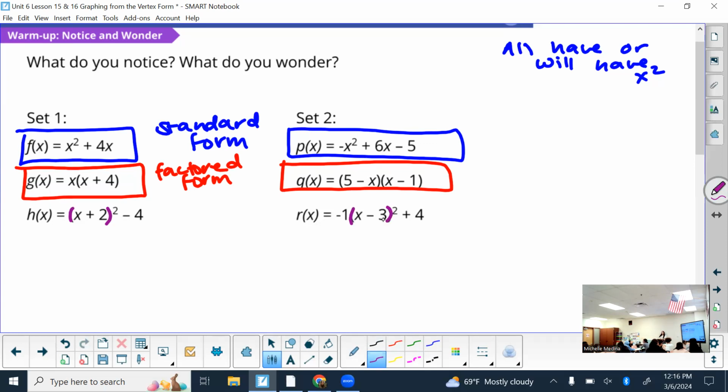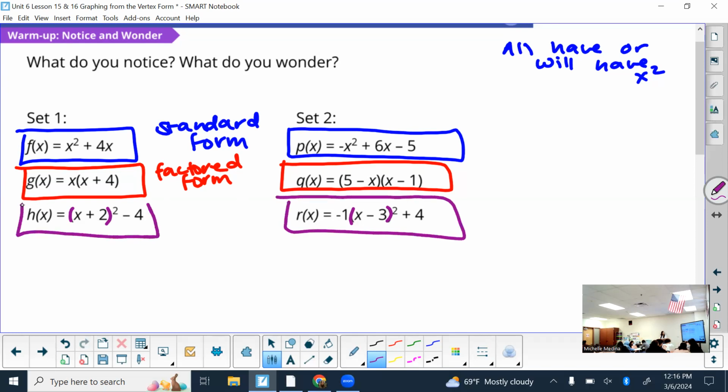Have we ever seen something like the last one in this unit? So yeah, this is our vertex form. I haven't formally taught it yet, but I will right now to you guys. That's what our last two lessons are about. These last two formats in each set are vertex form.